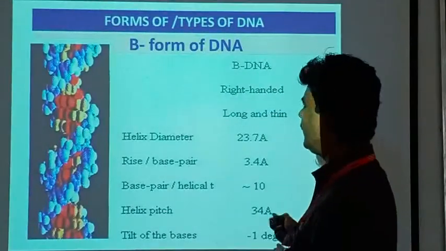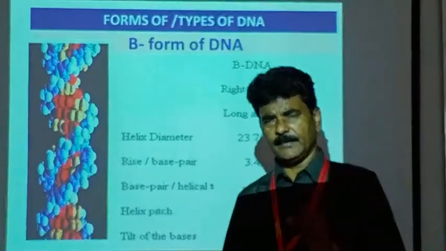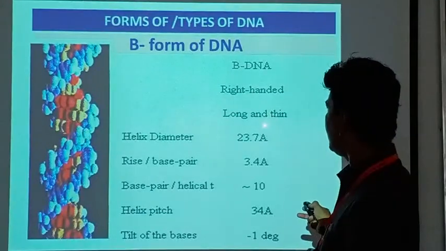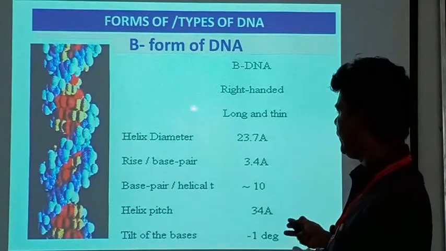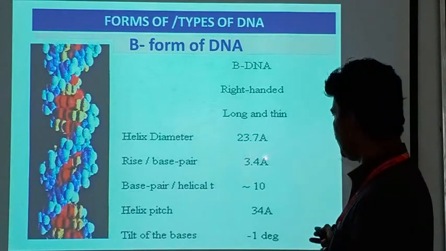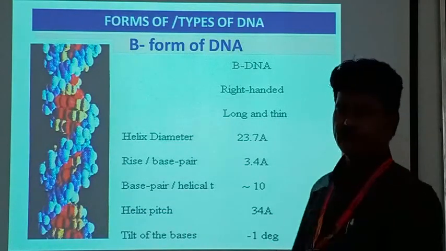B form of DNA is right-handed. See here, most important, B type of DNA is right-handed, long and thin. Helix diameter is 23.7 angstrom. Rise per base pair 3.4, base pair per helical turn 10, helix pitch 34, tilt of base 1 degree.